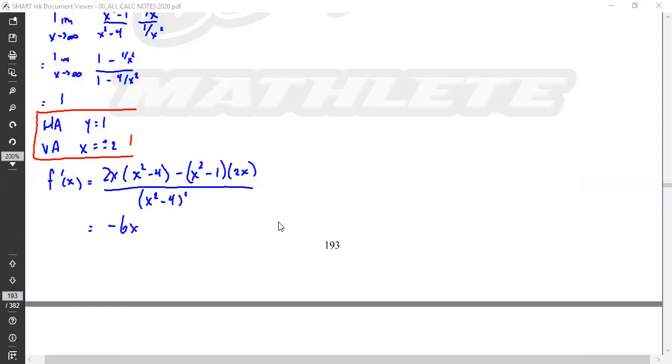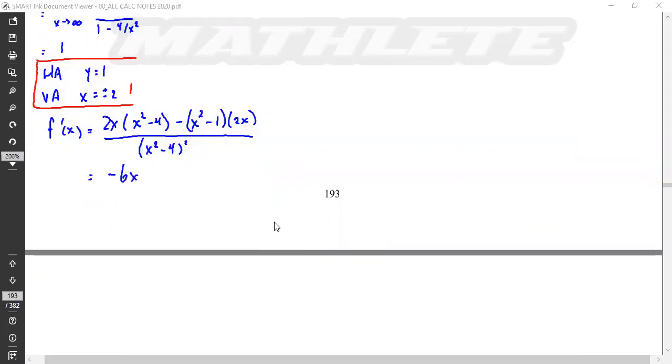If we want to do that by factoring, we can factor out 2x, and then we're left with negative 3 in our square brackets either way. And this ends up being over x squared minus 4, all squared. And this is our f prime of x.